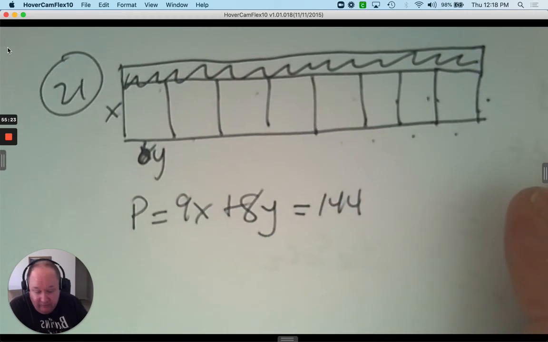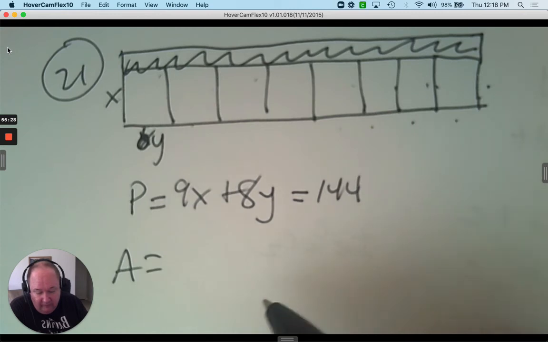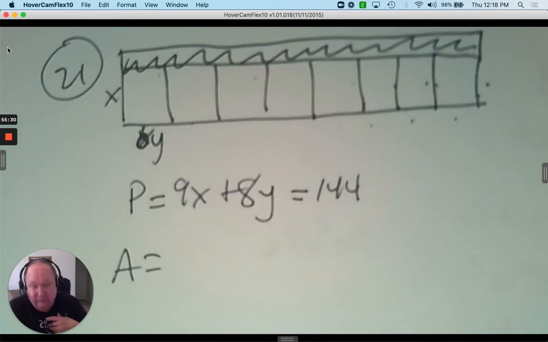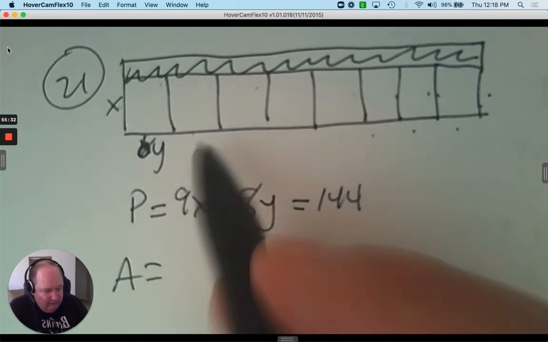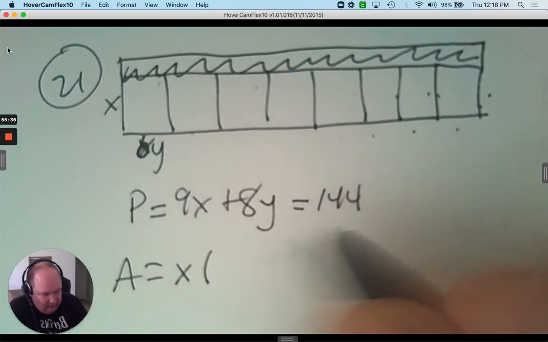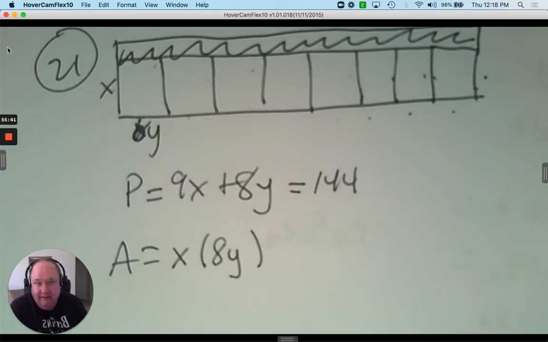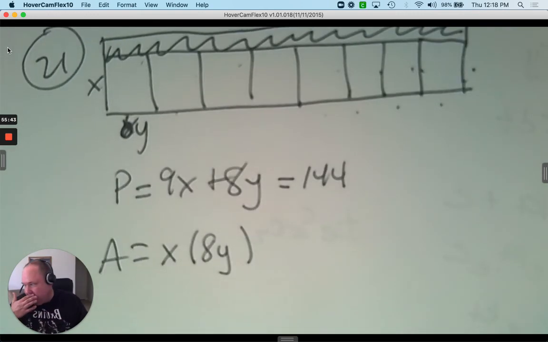Okay, if we know something, that's secondary. Area is what I'm looking for. It says find the dimensions that produce a maximum area for each pen. So the entire area here would be length times width, x times 8y.